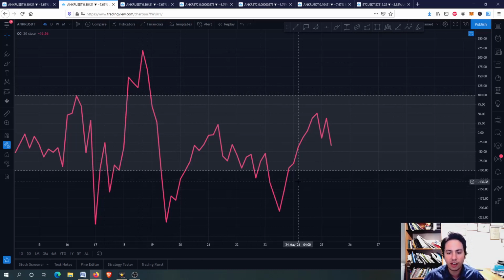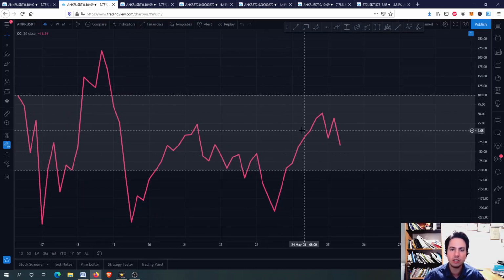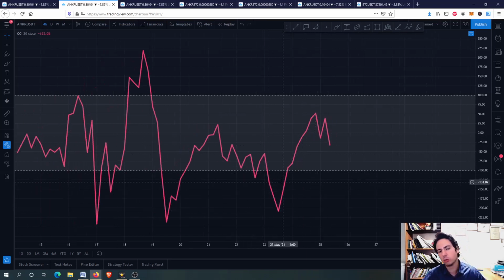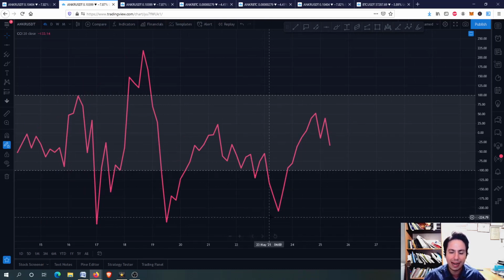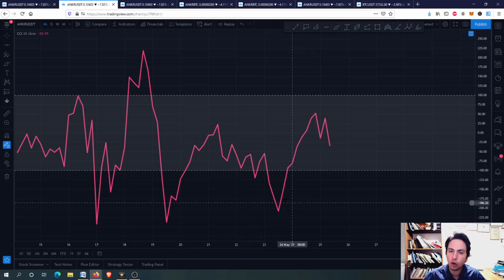On the 4-hour frame, you can see we had an oversold situation, therefore a buying opportunity. But when we go below minus 100, we want to buy here and of course take profits at a 5 to 10% price movement. But when we are in a very bearish market, this is not always the case.